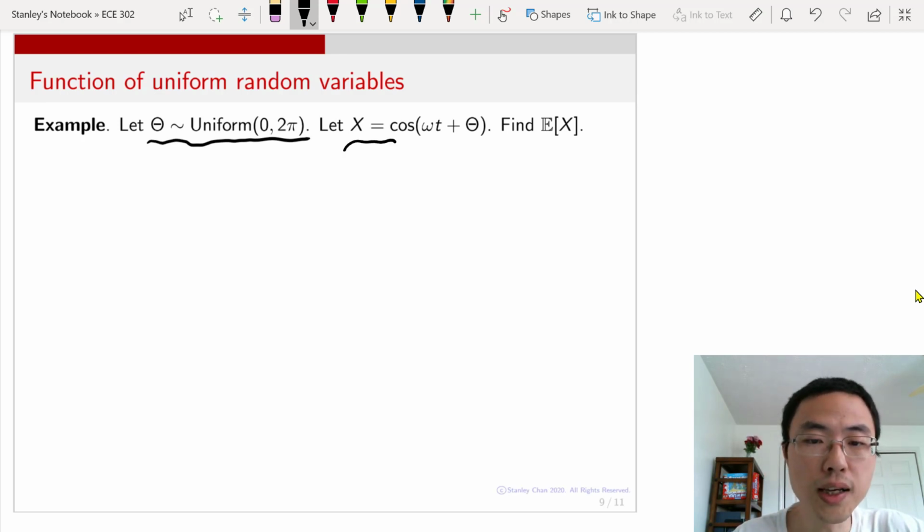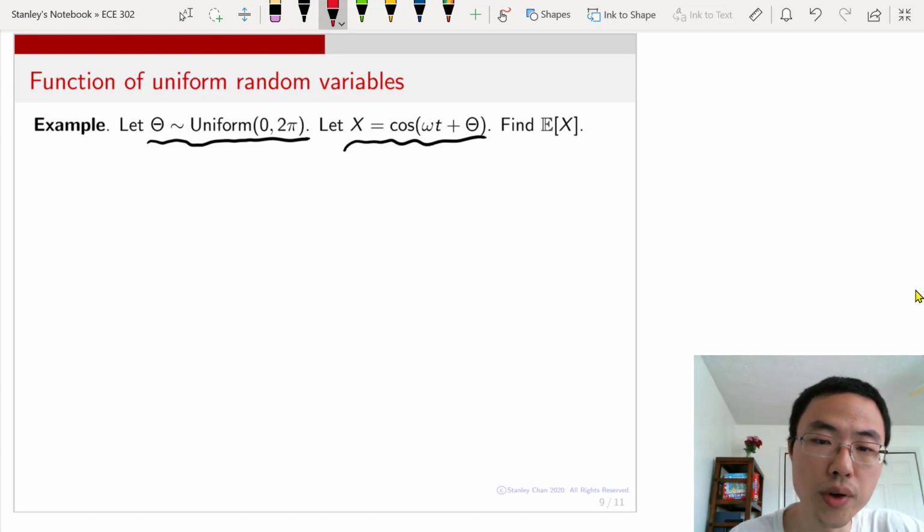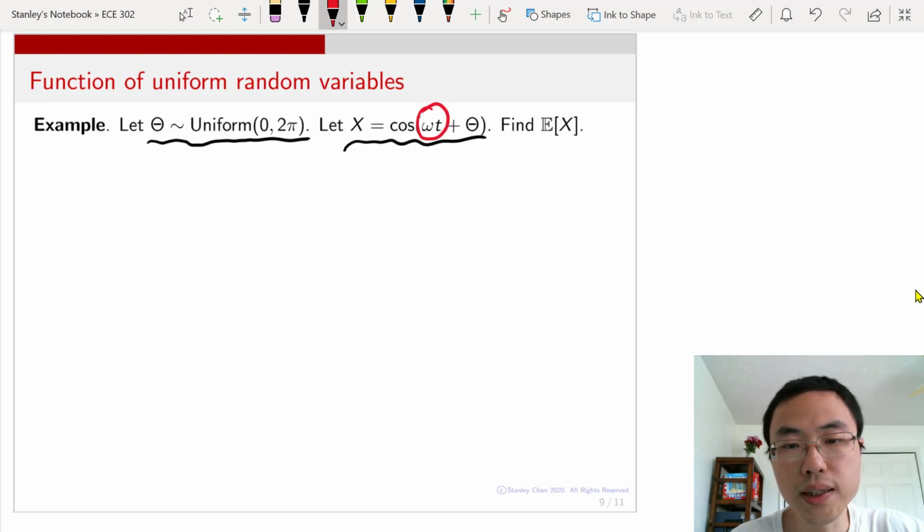And then I'm defining a new random variable x, which is the cosine of omega t plus theta. Now, realize that in this equation, omega t is a deterministic quantity. It has nothing to do with your theta. It is not random, it's known, it's fixed. Just treat them as fixed constants. The only randomness goes with this theta.